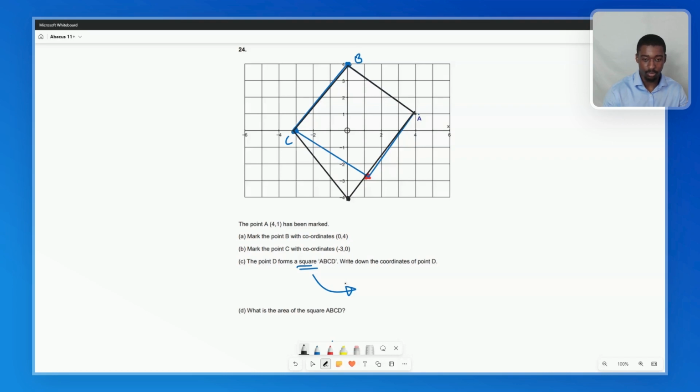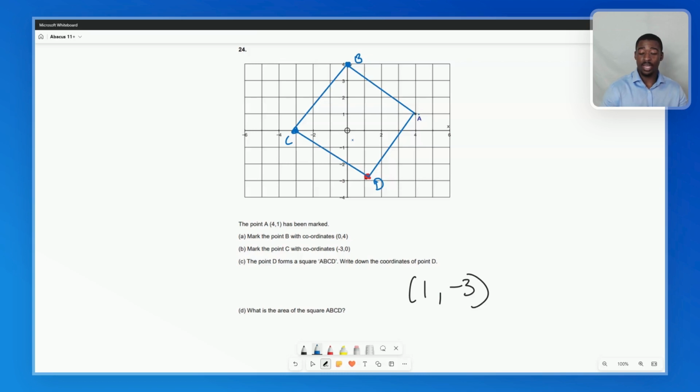And therefore, we can be pretty confident that this point that we drew out, 1, 2, 3, 4 across, 1, 2, 3 down, is indeed the final coordinate that completes the square. And here we're looking at 1, minus 3. 1 to the right, 3 down. So the coordinates of point D are going to be 1, minus 3.